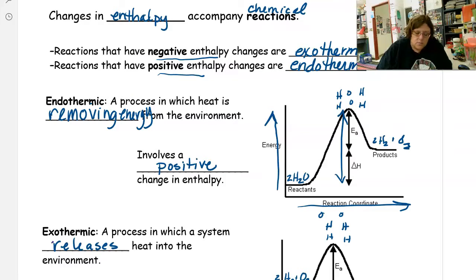All right, once we get them all broken, they will reform as hydrogen and oxygen. But they don't give off very much energy as they reform. The bonds take in a lot of energy, but they don't give off as much energy reforming. So we end up having an overall amount of enthalpy that we added, and it's a positive enthalpy.